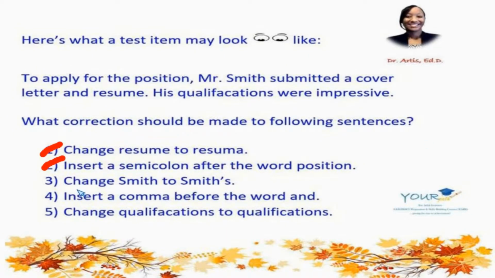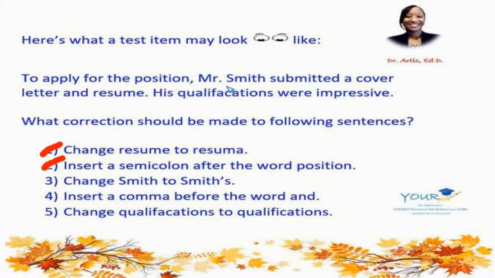When we look at option number 3, we have change Smith to Smith's, and this is addressing a grammatical error. Here we have 2 nouns, both are nouns. This one here is a possessive noun, and possessive nouns are used to show ownership, such as Mr. Smith's house, Mr. Smith's car. Well, here when we look at our sentence, we have Mr. Smith submitted.